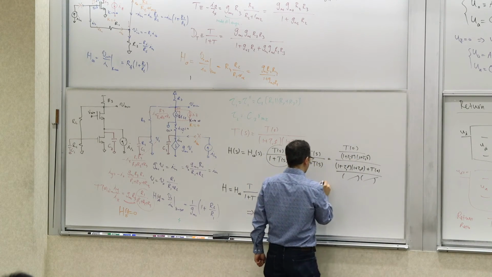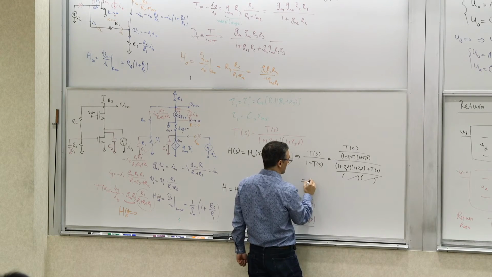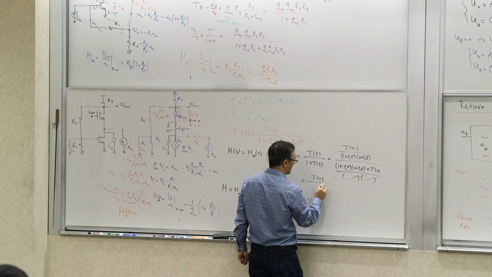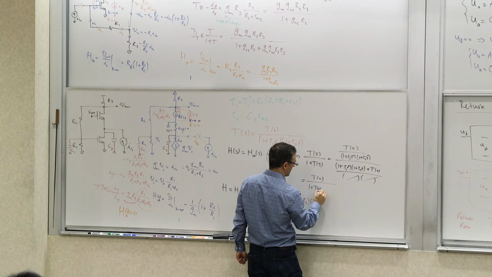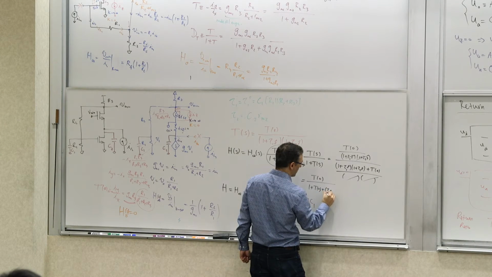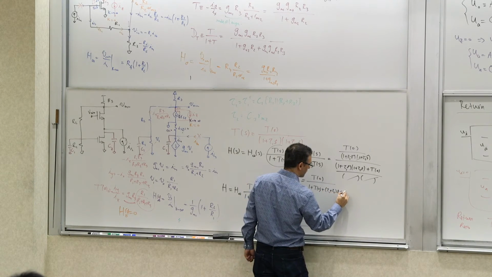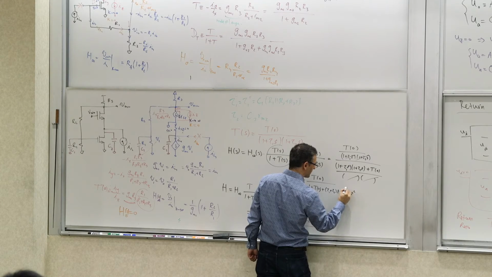Okay? So what you're left with is T of 0 divided by 1 plus T of 0 plus tau 1 plus tau 2 s plus tau 1 tau 2 s squared.